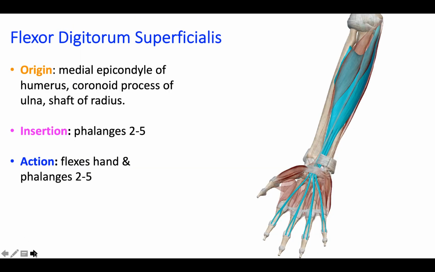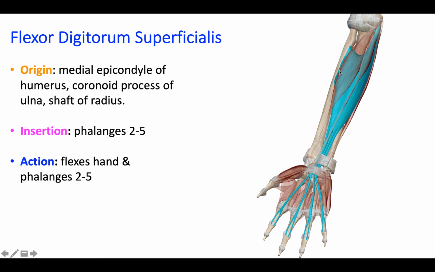Oh, I lied. There's one more. The flexor digitorum superficialis, and this is the last one. This one's really important because of the fact that it runs into the digits, and so it originates at the humerus, the medial epicondyle, and the coronoid process of the ulna, and part of the radius, right there.